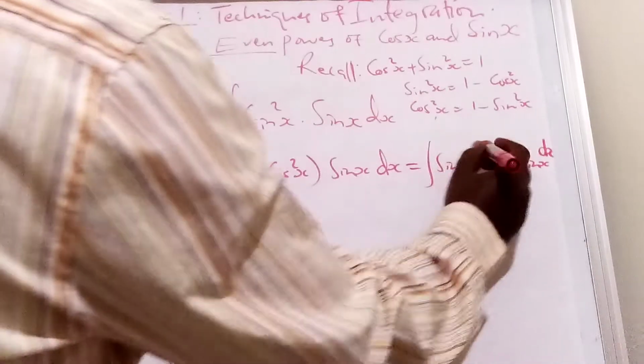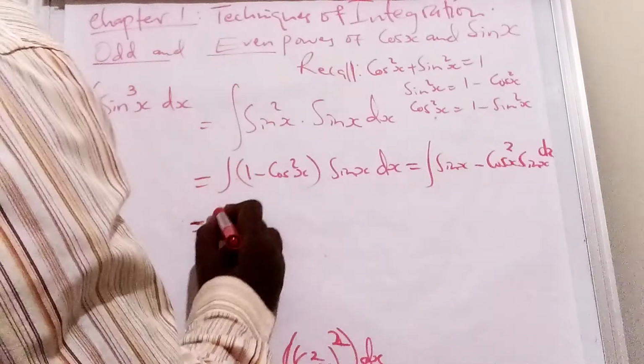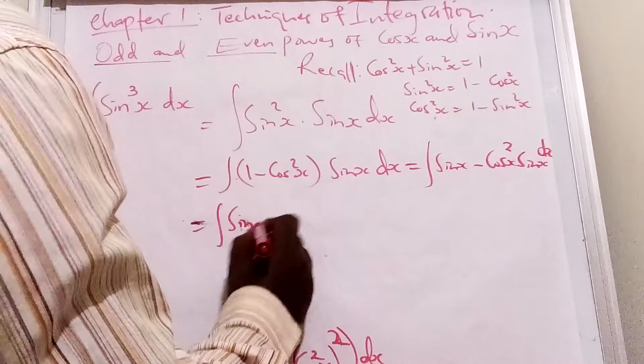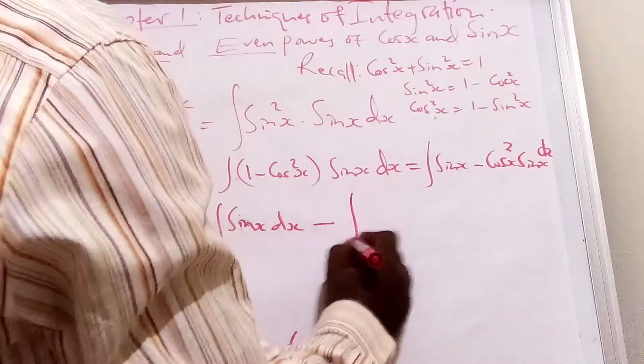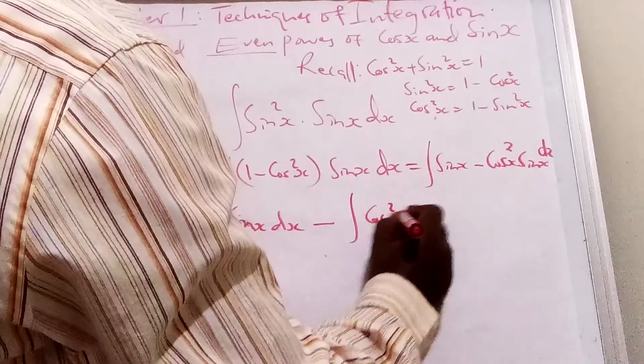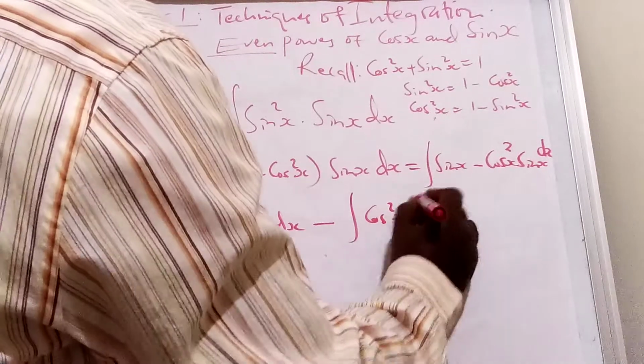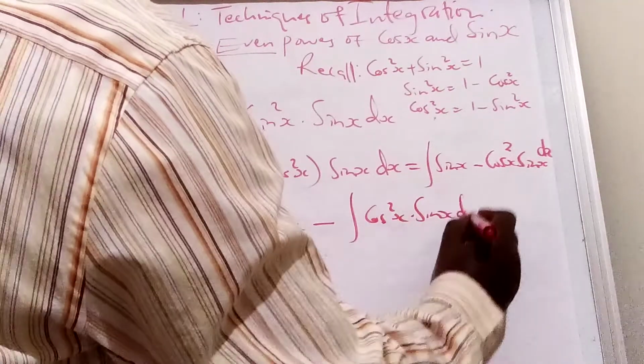This cos here is raised to the power 2. We can easily integrate sine x dx, but the problem would be on the cos squared x times the sine x dx.